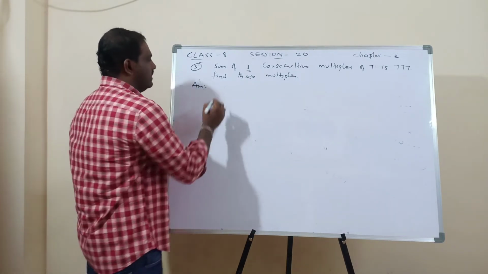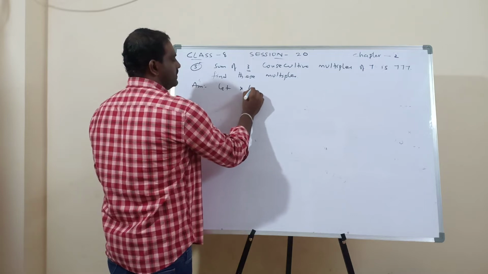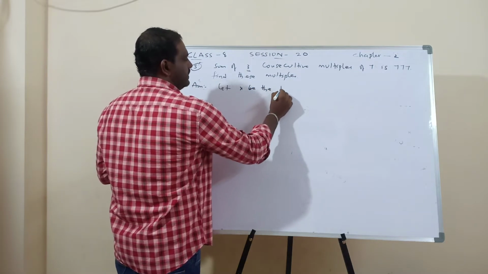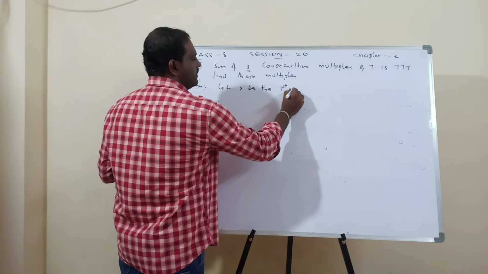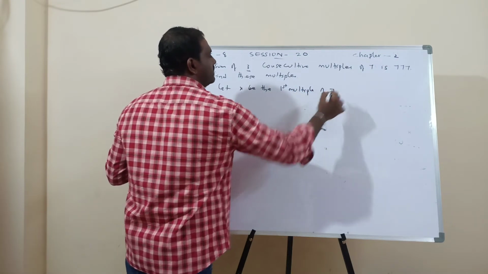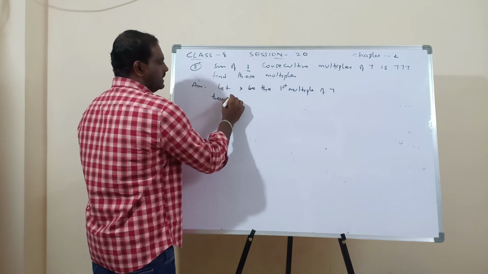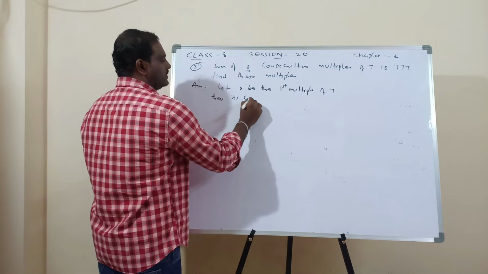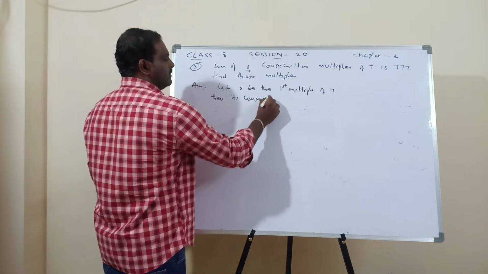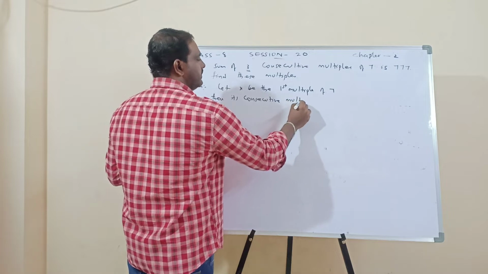Answer. Let x be the first multiple of 7. Then its consecutive multiple will be how much?